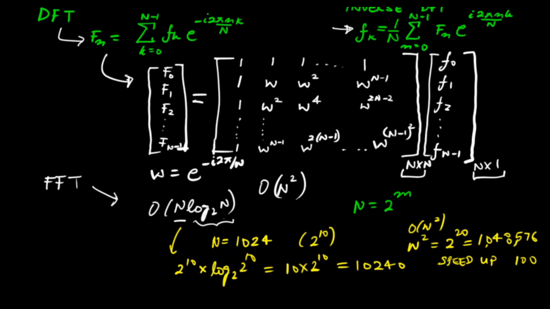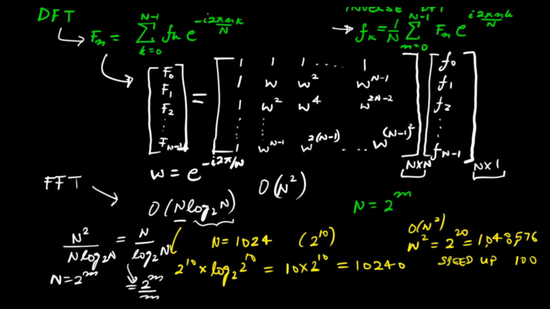This speed up will be better and better if you have a larger sample, because the factor by which FFT would speed up would be n squared over n log n, and that is n over log n to the base 2. As we keep on increasing n, let's say we take n as 2 raised to power m, this term becomes 2 raised to power m over m.